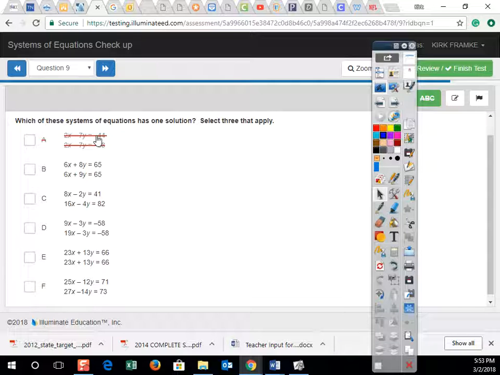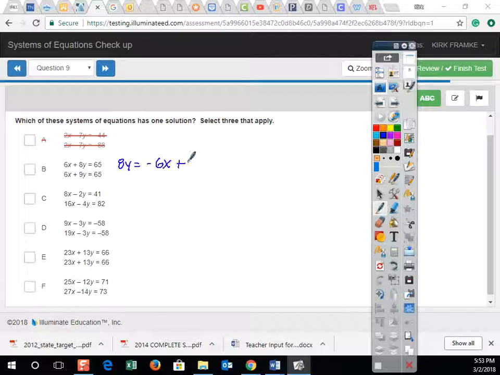Next problem. All right. So I noticed that this one is, well, let's find out. So I'm going to get into y equals mx plus b form. And this is going to end up having one point of intersection because, so we have 8y is equal to negative 6x plus 65.